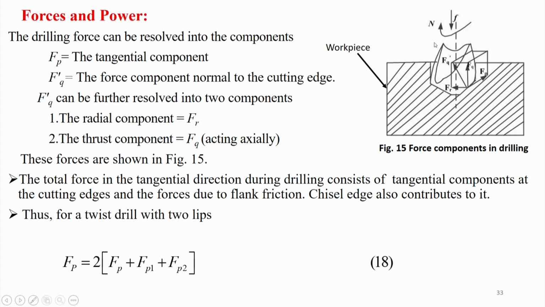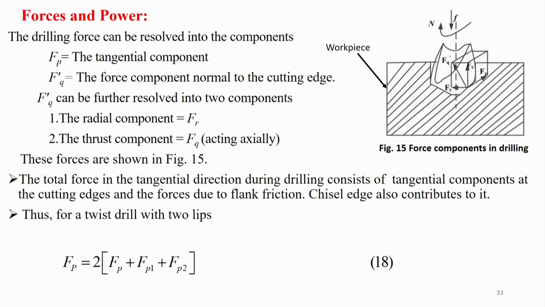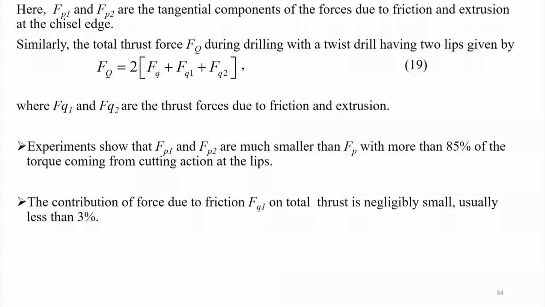Fp1 and Fp2 are the tangential components of the forces due to friction and extrusion at the chisel edge.